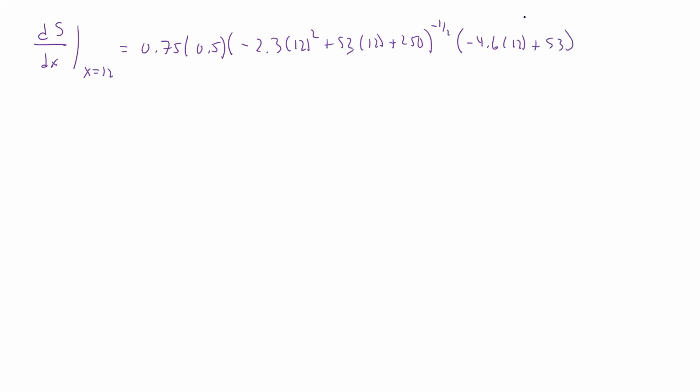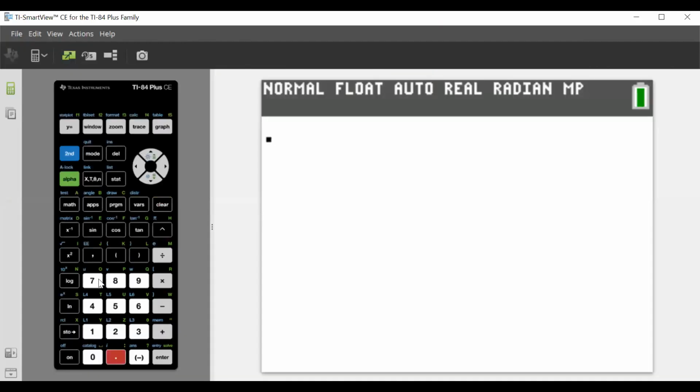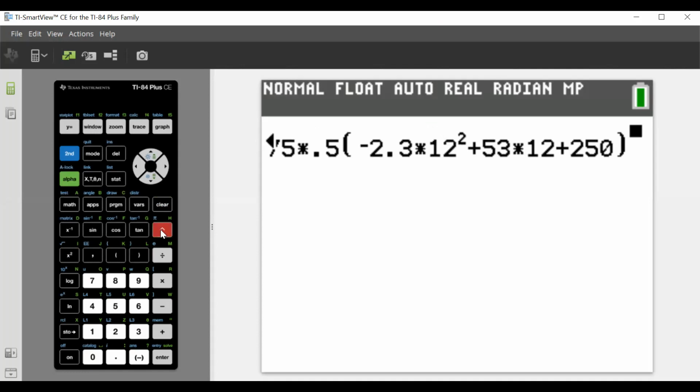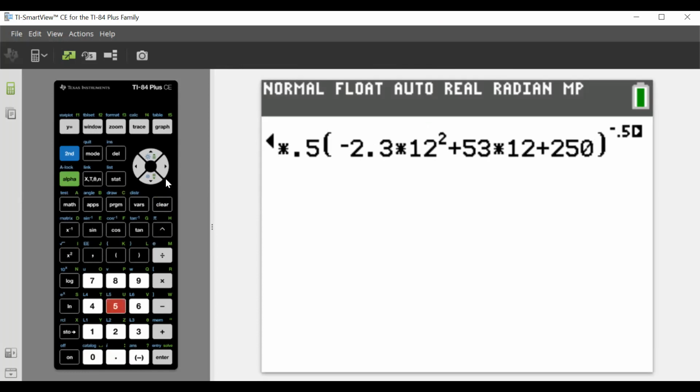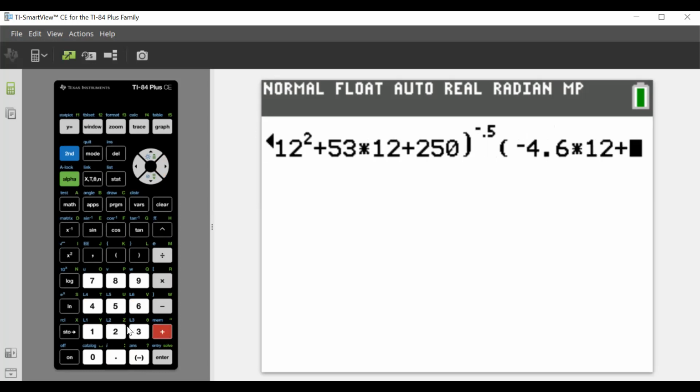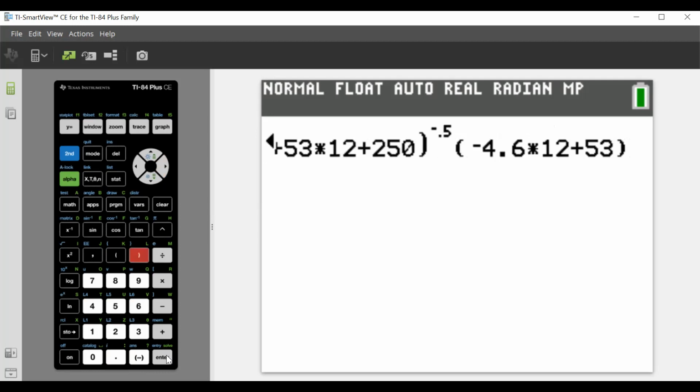Now we've got to plug all that into our calculator. So we have 0.75 times 0.5 times the parenthesis of negative 2.3 times 12 squared plus 53 times 12 plus 250, raised to the negative 0.5, arrow back down, and then times negative 4.6 times 12 plus 53, and then enter.